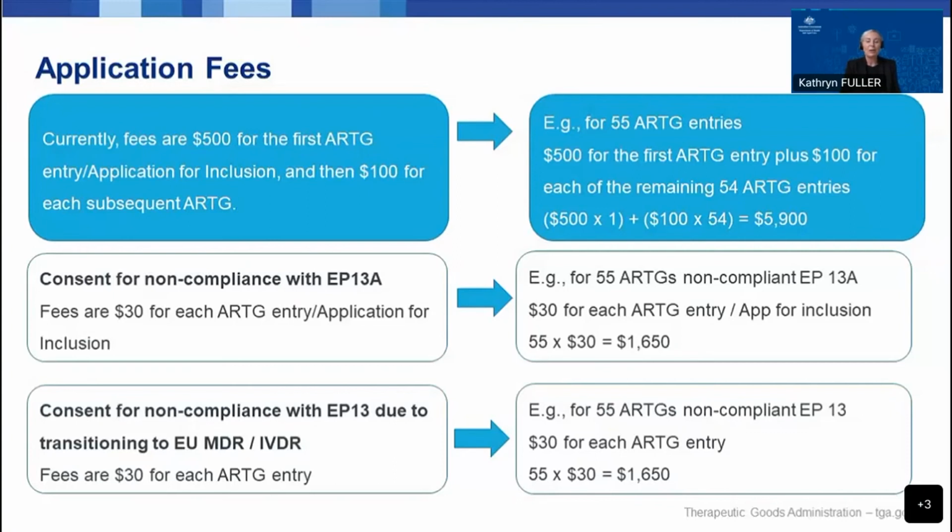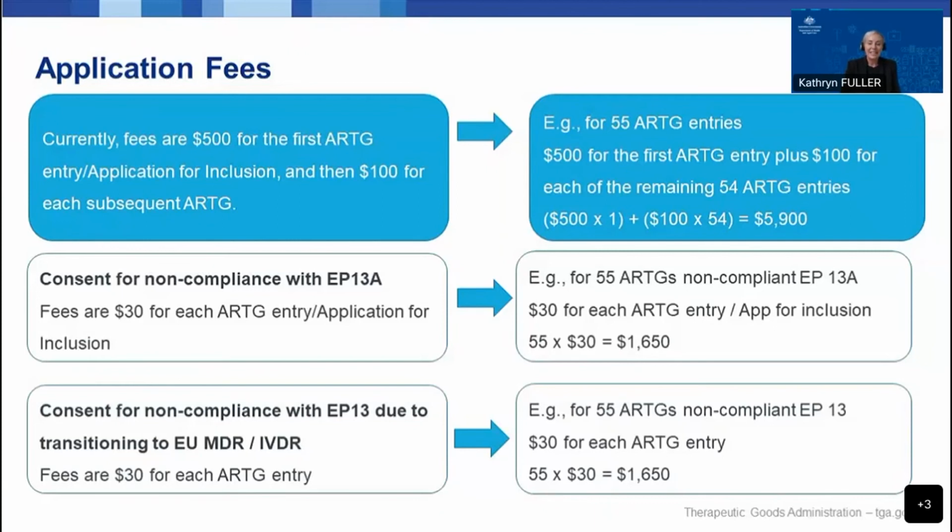In addition, you may have heard that on the 29th of September this year, amendments were made to the therapeutic goods regulations, which came into effect to introduce a fee concession to reduce the regulatory costs for sponsors of ARTG entries supported by EU MDD, IVDD certifications who are transitioning to the EU MDR, IVDR, and seeking consent to import, supply, or export their devices where they do not have compliant information to be provided with their medical devices, which is EP13.